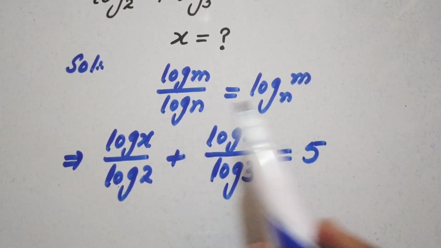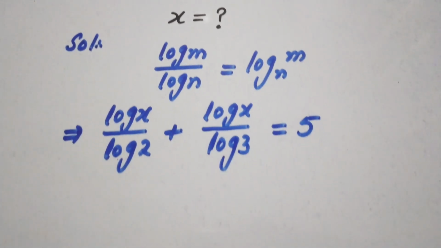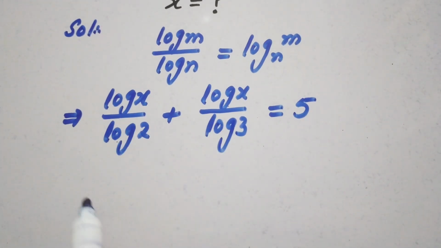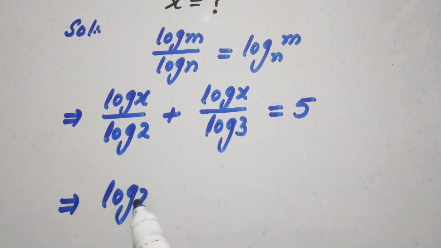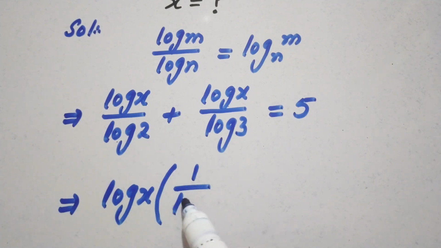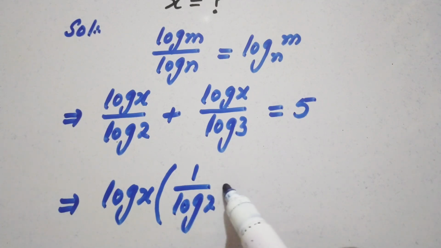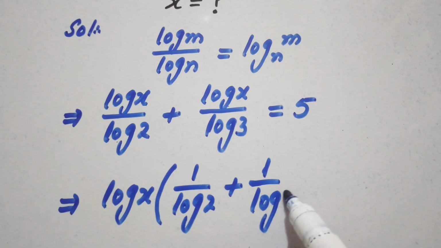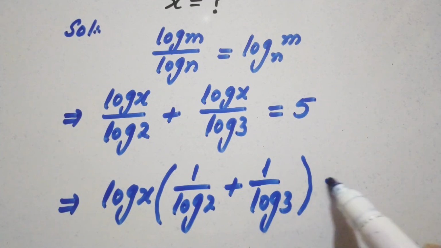Using this logarithmic property, we get this. Now log of x is common between these two terms, so we can factor out log of x. Inside here, 1 divided by log of 2 plus 1 divided by log of 3 will be left, and at the right hand side we have 5.